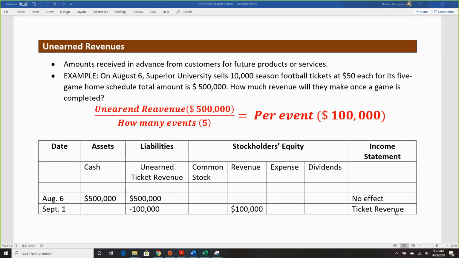So ticket revenue. So every game that's completed, we drop this down by 100K due to the completion of the event. So we complete 3 games, unearned ticket revenue should be 200,000, revenue should be up to 300,000. Again, to reflect how many games you completed.